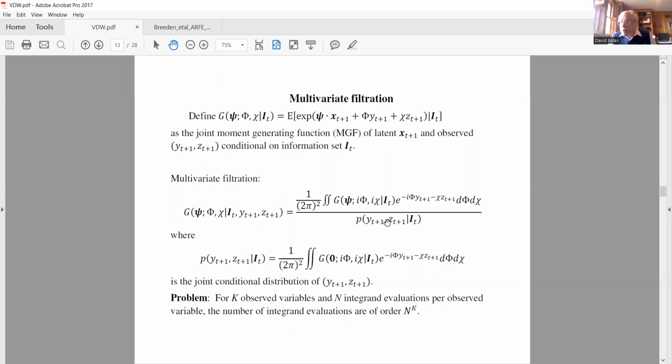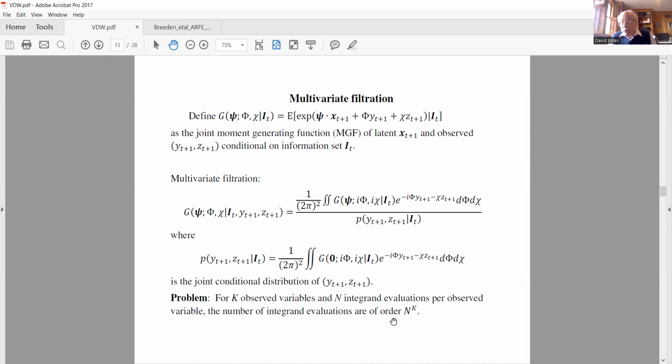We integrate this joint function over these terms and divide it by the conditional density, where the conditional density also involves this double integral. That gives us the conditional moment generating function of the latent state variables x. And if we take derivatives of that, we can get the conditional mean and variance of the latent state variables x. So that's the filtration procedure.